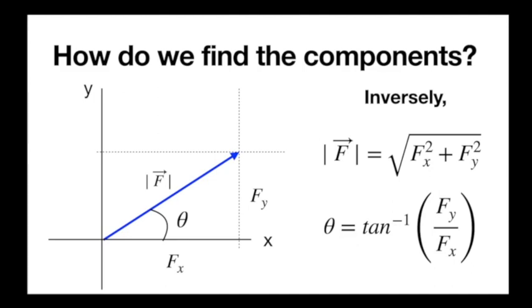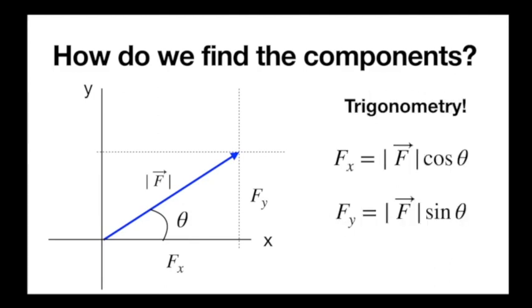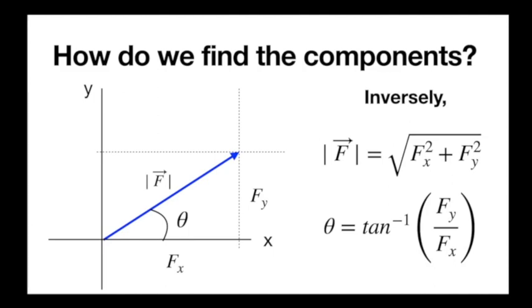So rather than writing this exact thing down, like inverse tangent of the y component over the x component, or Fx equals magnitude times cos theta and Fy equals F sine theta, I would think it's better, well, it is better, to not memorize those and instead understand what the sine and the cosine are doing.